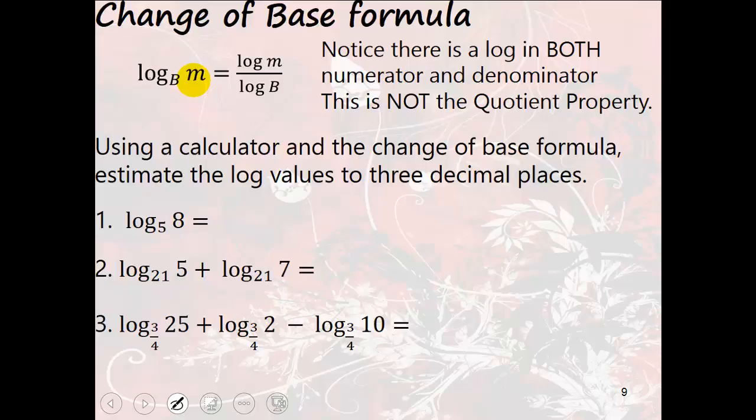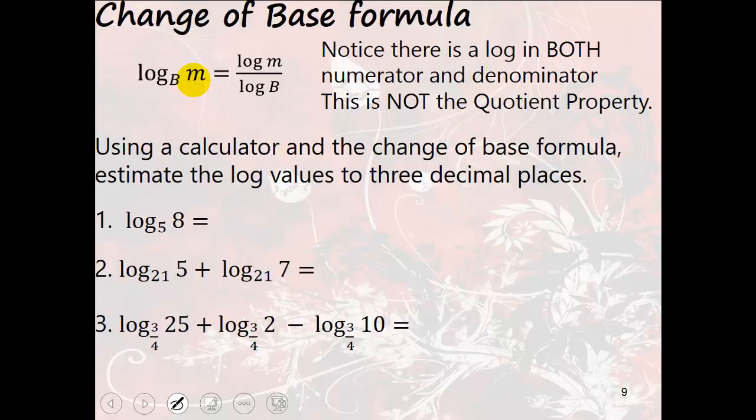Our two frequent ones are log base 10 and natural log, because we can easily get decimal approximations. So we're going to take log base 10, or we could take ln, log base 10 of m divided by log base 10 of b. All right, so why don't we do log base 10 here, and then I'll show you later on this week how to use ln.